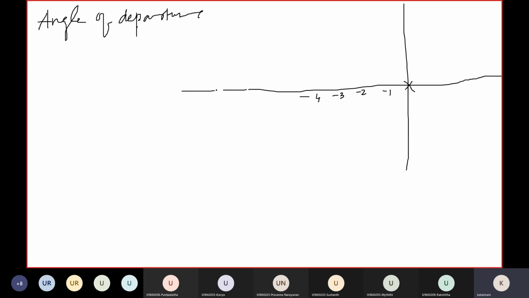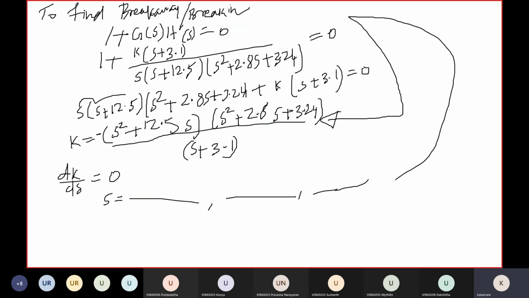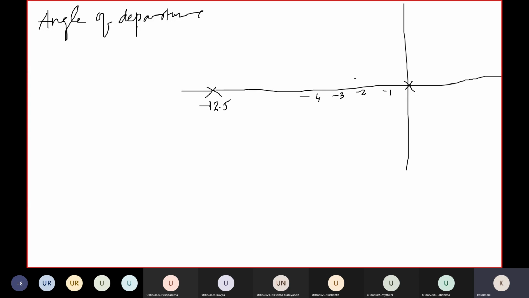Somewhere it will be located at minus 12.5, another pole. What is your complex conjugate pole? So I just find out the angle of departure. A complex pole is located at minus 1.4 plus 1.13j, minus 1.4.